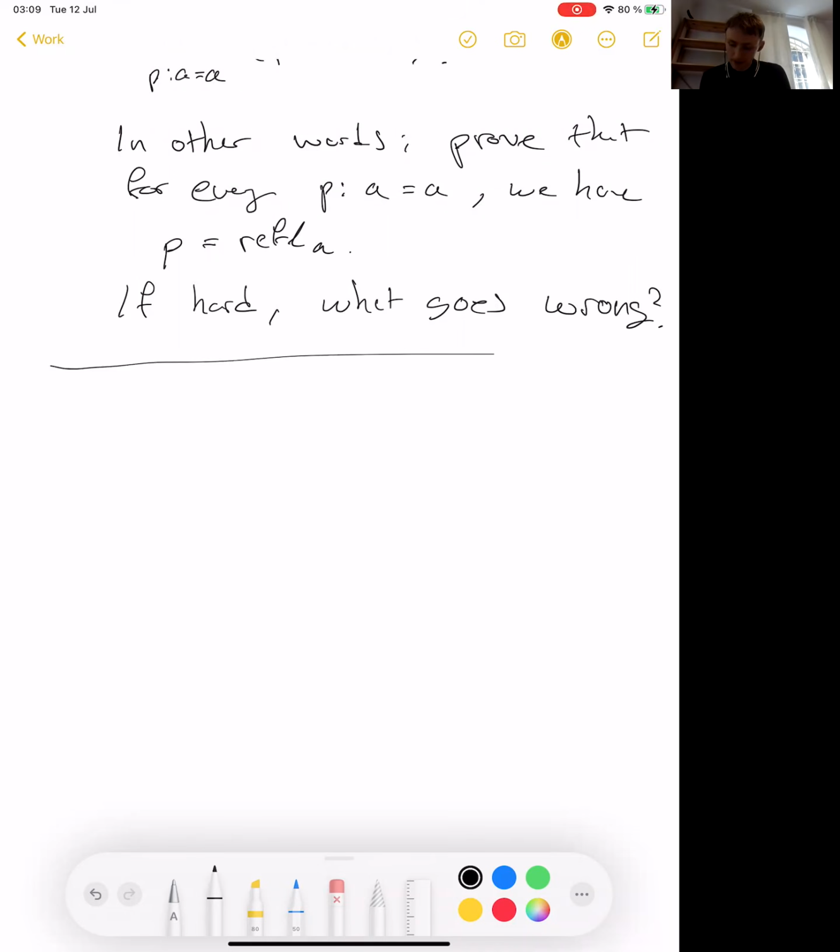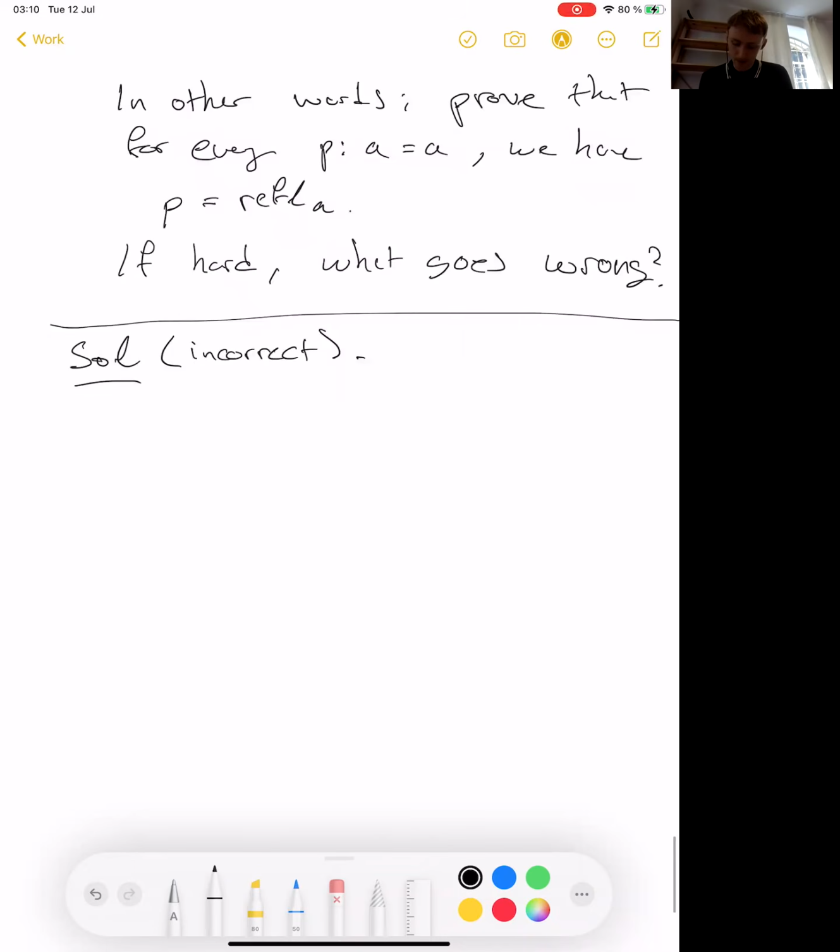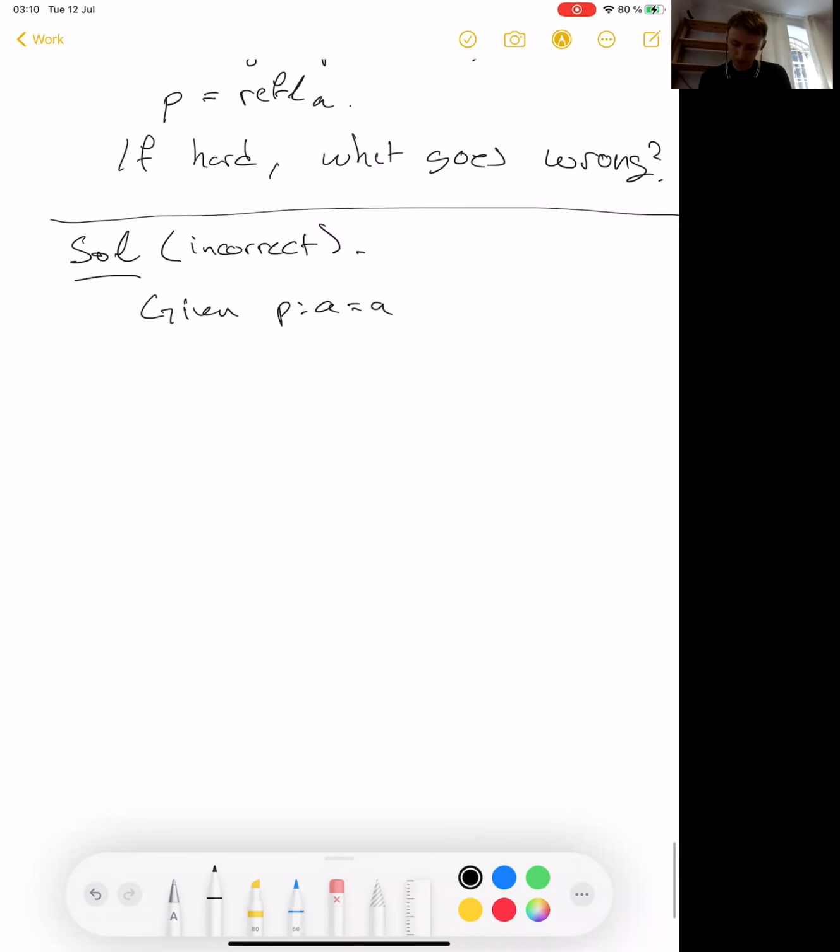Okay, so let me give you an incorrect solution. And we'll try to spot where the error is. So we're given a path P from a to a, and we want something of type P equals refl a.